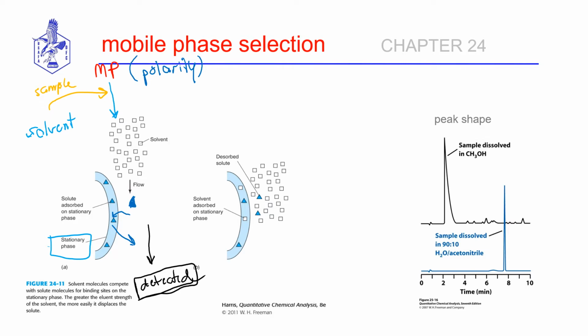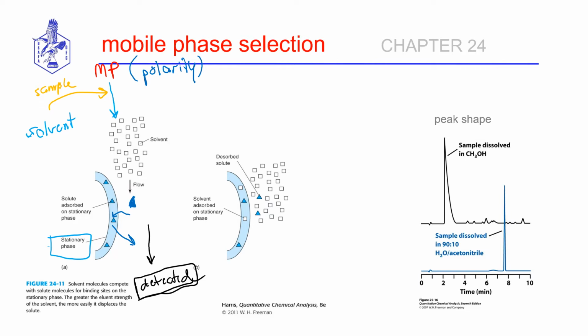So a couple thoughts on all of this. As we mentioned, the mobile phase typically is some combination of organic solvents that generates waste. They cost money. So when we do our separations, we always want to optimize them so that they occur in the most efficient time frame possible and utilizing the least amount of mobile phase.